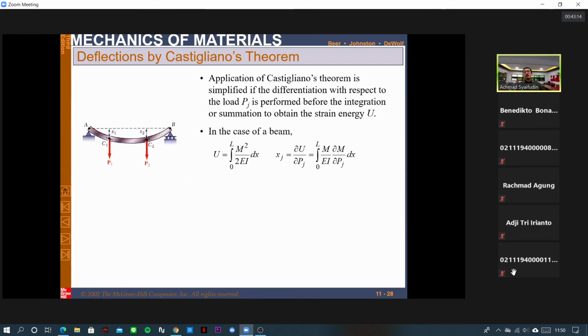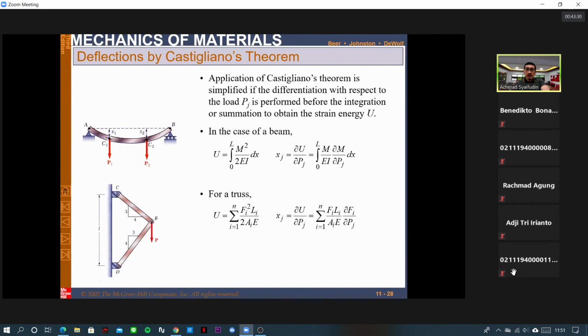The application of Castigliano theorem is simplified if the differentiation with respect to the loads is performed before the integration. So this is another shortcut to use Castigliano theorems. You can start from identification of strain energy, or directly calculate the deflection, either horizontal or vertical.